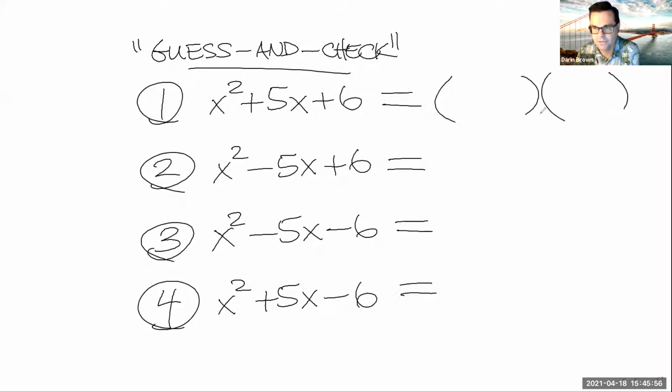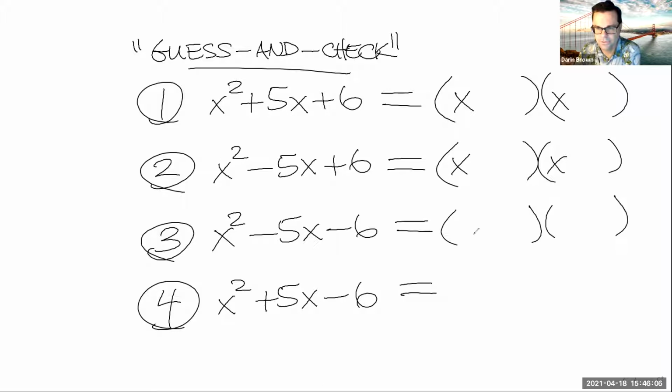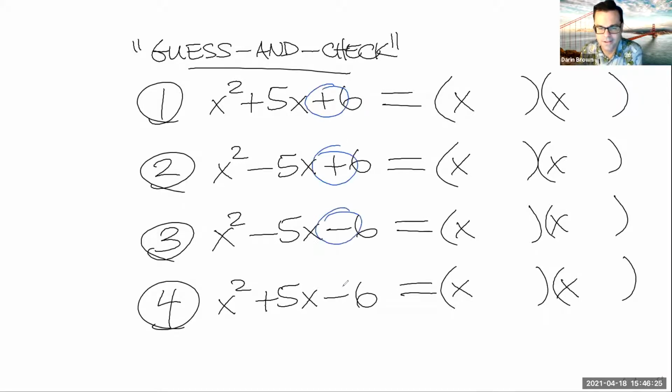They're going to be x something times x something. So the first thing you want to ask yourself is, what does the pattern of the signs have to be? So what does the plus minus pattern have to be? The important thing here is that this second sign, the sign that's attached to the constant term, the last term, tells you whether the signs are the same or different.